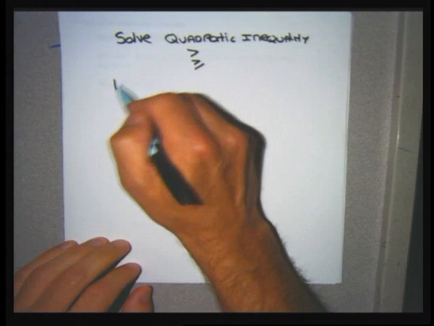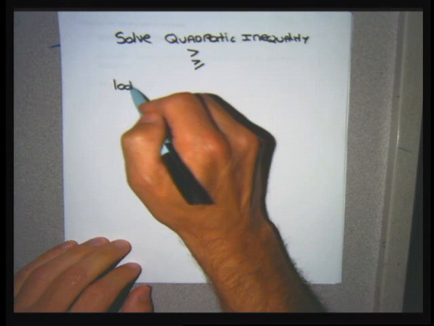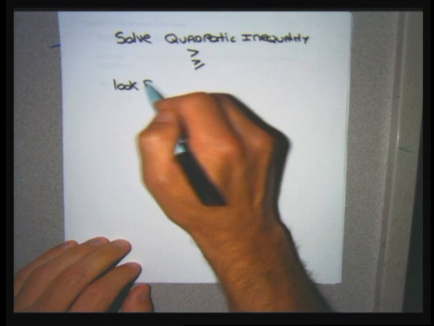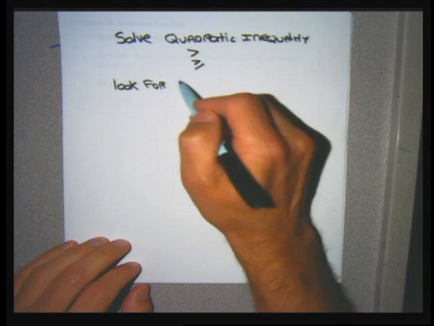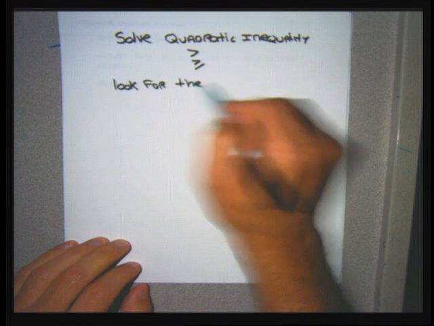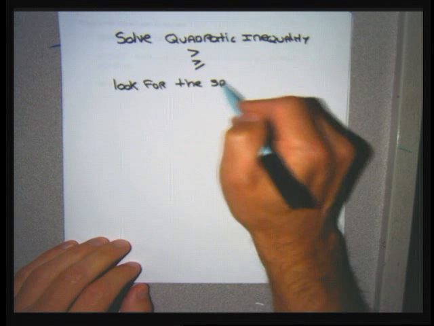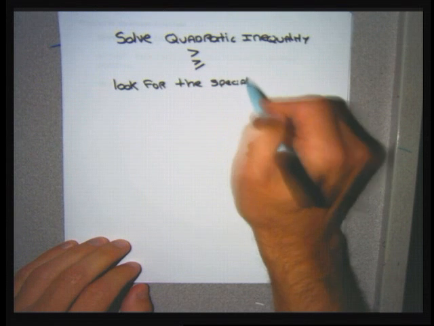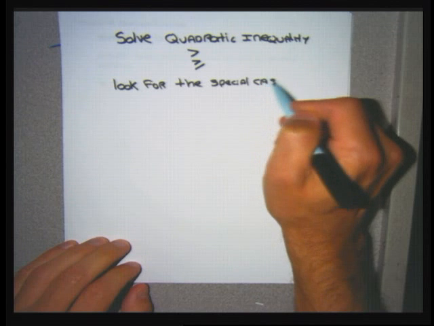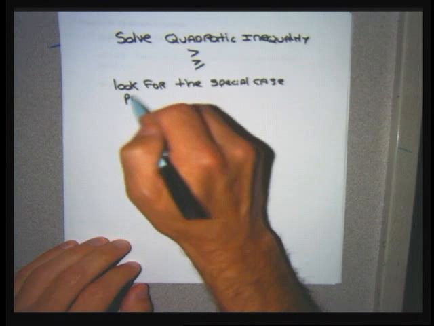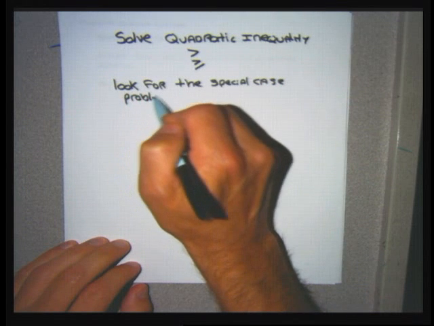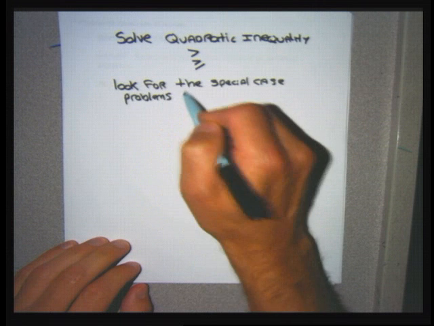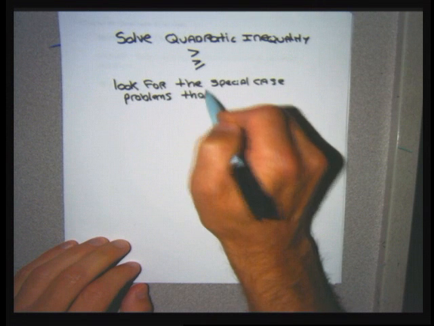So I'm going to look for it. And the nice thing about the special case problems, they don't require any algebra. So I like to have a bunch of those, really.